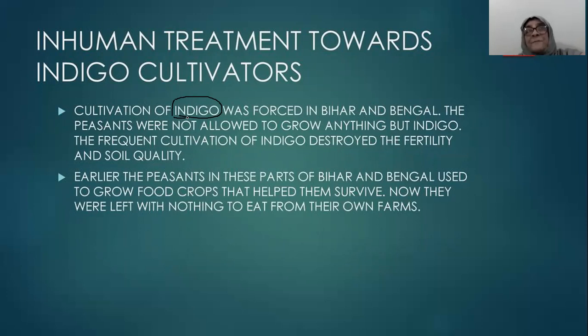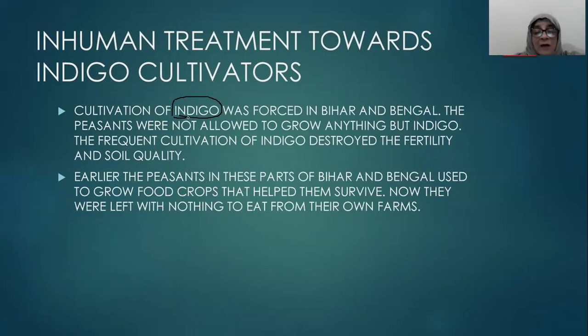Then there was food shortage. We were not able to grow any other crop. The soil became bad and we became more dependent on them. So once again the frustration was there. My land, but I cannot grow anything that I want to. I will grow whatever the British government says.